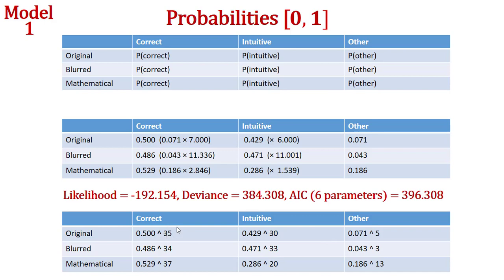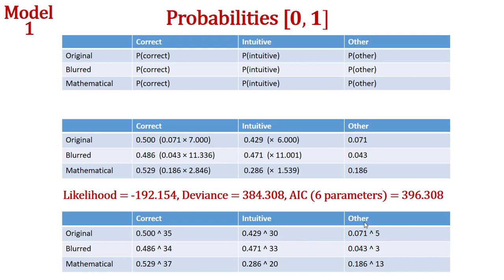And basically, because there were 35 people in which we observed correct, for those the likelihood of the data they generated was 0.5, so we have to multiply those 35 times. For these 30 people, the likelihood of their answer was 0.429, so we multiply these 30 times.